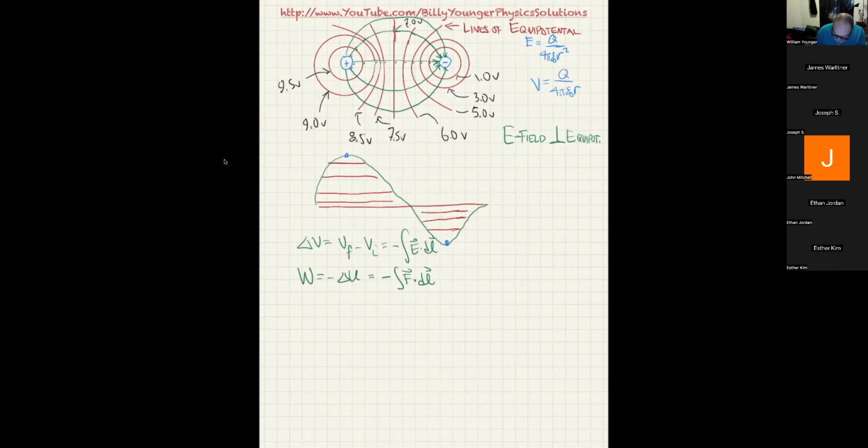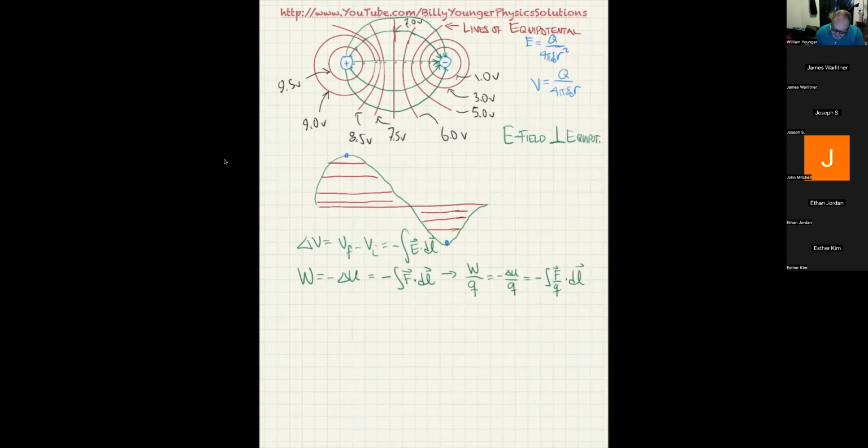So if we then said, well, let's take the work and divide it by the charge that's having the force acting on it, that would be the same thing as taking the potential energy and dividing it by the charge that experiences that potential energy. And that would be the same, of course, as the negative integral of F over Q dotted with dl.